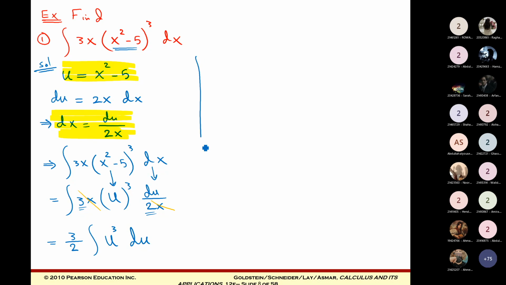Now this is very easy to integrate. This equals 3 over 2 times the integral of u to the power 3, which equals u to the power 4 over 4. Just add 1 to the exponent, so we have u to the power 4, and divide by the new power, which is 4. Don't forget plus c.